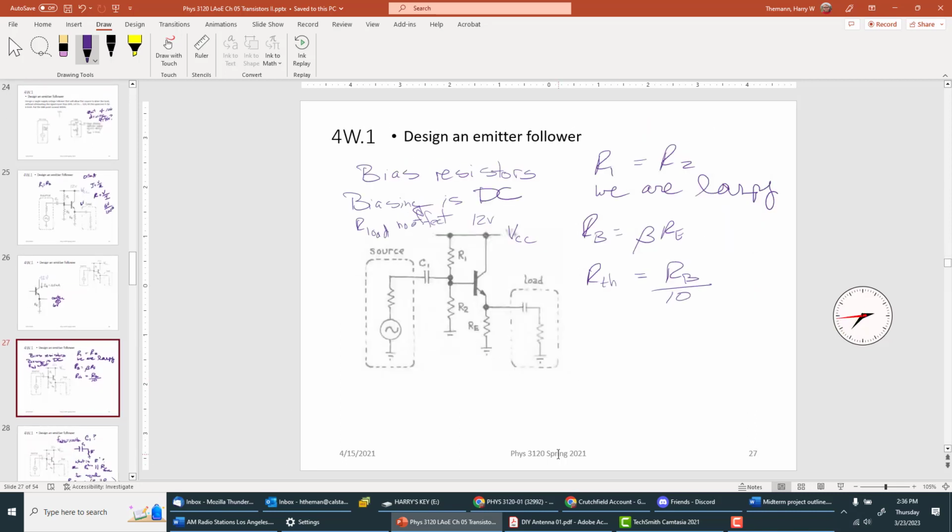So what's next? The biasing resistors. Let's first just make them equal. What is then the R Thevenin of those two things? We know in general that the R base, the input impedance at the base, is going to be beta times RE.